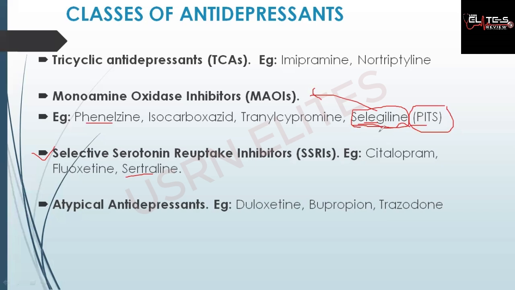Now the person wants to switch to selegiline. What is the safety issue there? We'll talk about all of these so that we know how the NCLEX asks questions on these things, not just keeping the names like that. That's not how the NCLEX behaves.